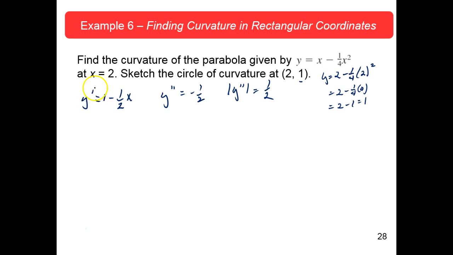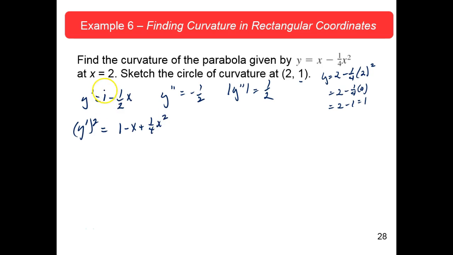All right, so y prime squared would be 1 minus x plus 1/4 x squared. Make sure I did that right.